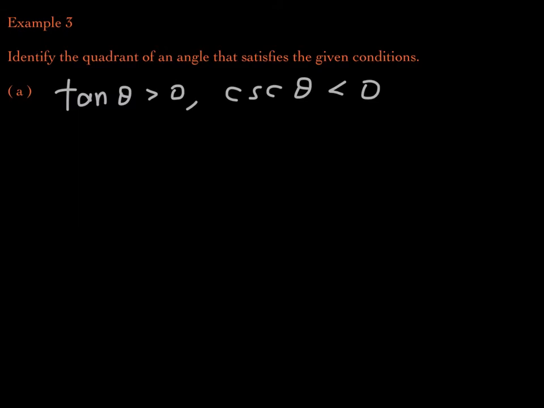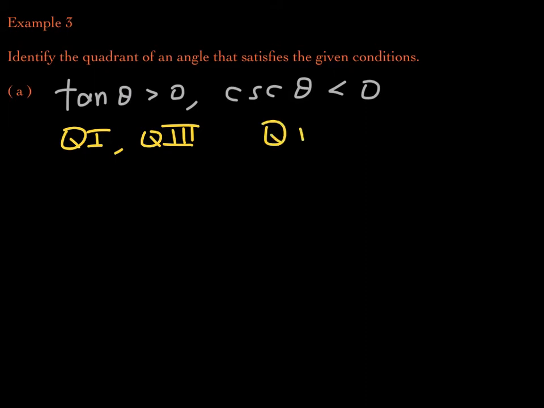I know tangent is positive in quadrants 1 and 3. Those are your options for tangent being positive. Now, cosecant is negative. Remember, if cosecant is negative, that means sine, its reciprocal, is also negative. So I'm going to think about sine. Now, sine is negative in quadrants 3 and 4.